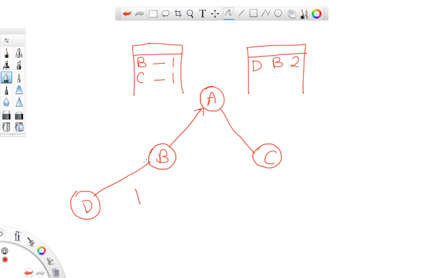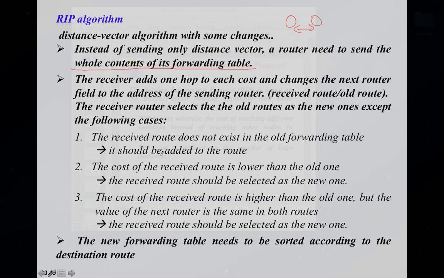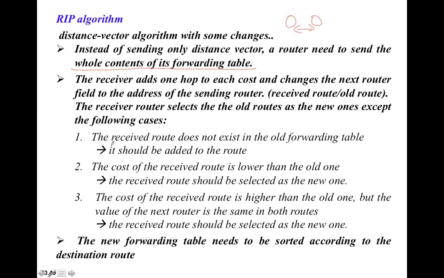Now, when it receives an update from B about D, does it have an entry for D here? It doesn't. So it will take in D accordingly. So this is what the first rule means here. If the received route does not exist in the old forwarding table, then it should be added to the route.